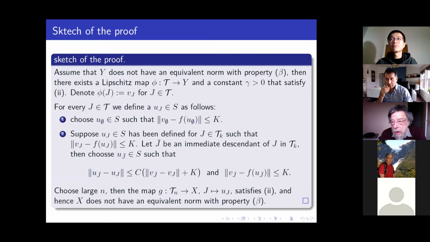Incidentally, another question crossed my mind after what you said. To the best of my knowledge, it is not known if the collection of quotient spaces of C0 is stable under Lipschitz isomorphism.